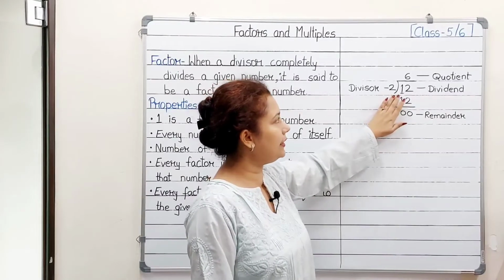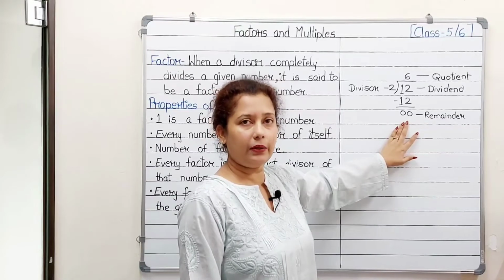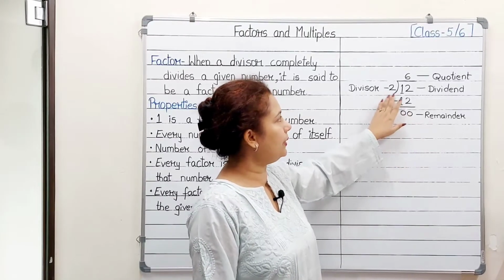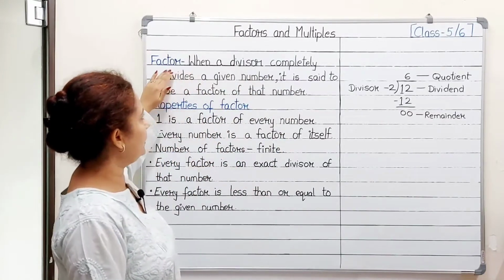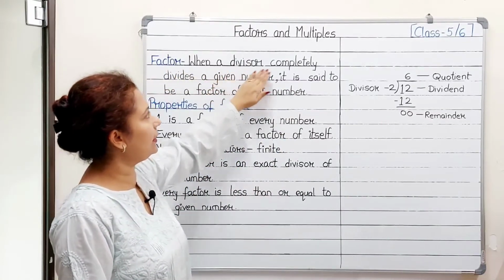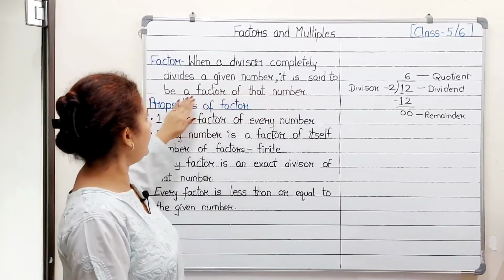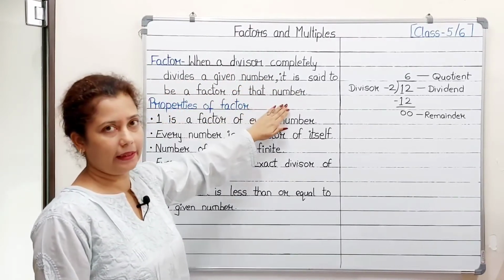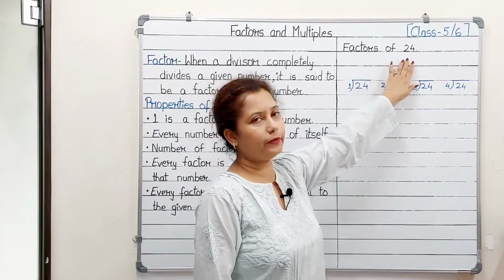Here 2 is dividing 12 completely, leaving 0 as a remainder. So 2 is a factor of 12. So when a divisor completely divides the given number, it is said to be a factor of that number.